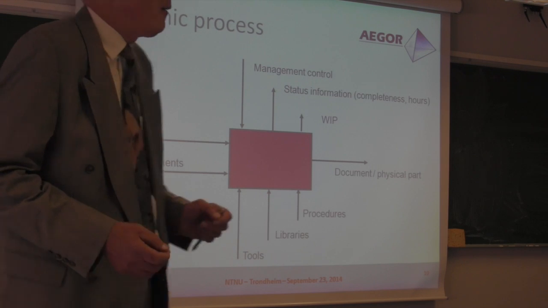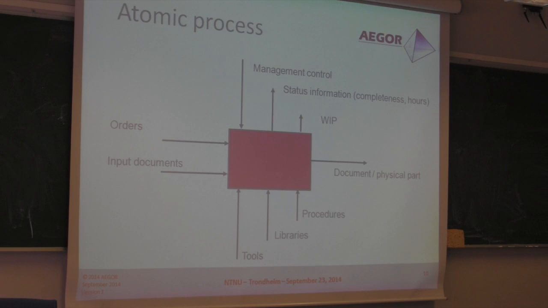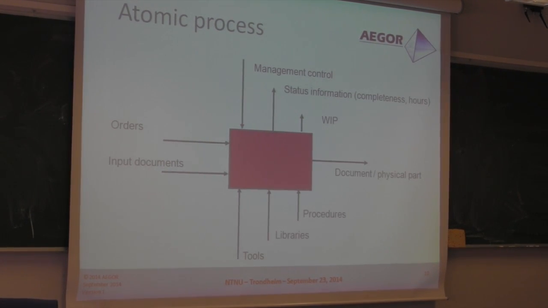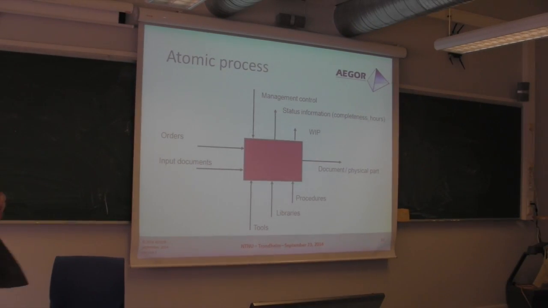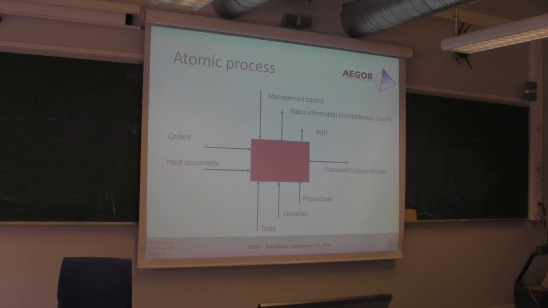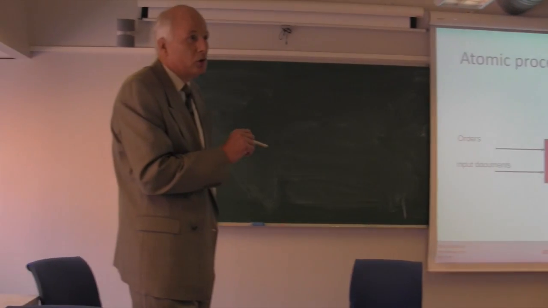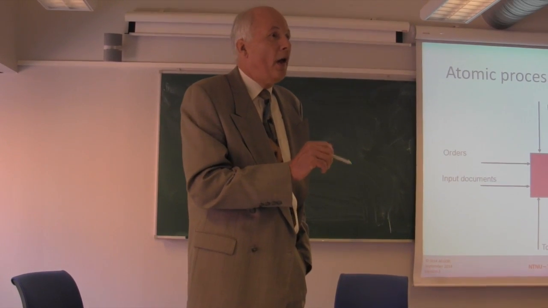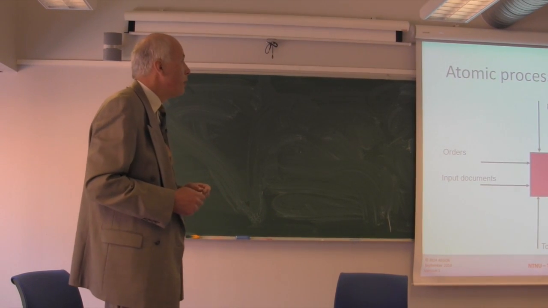But if you have no written orders, I don't know how to get a good process. So written orders, and one order ought to reference all the needed input documents, what is needed to do the job. And all these documents, all these requirements need to be good. And what good means, I will explain later.